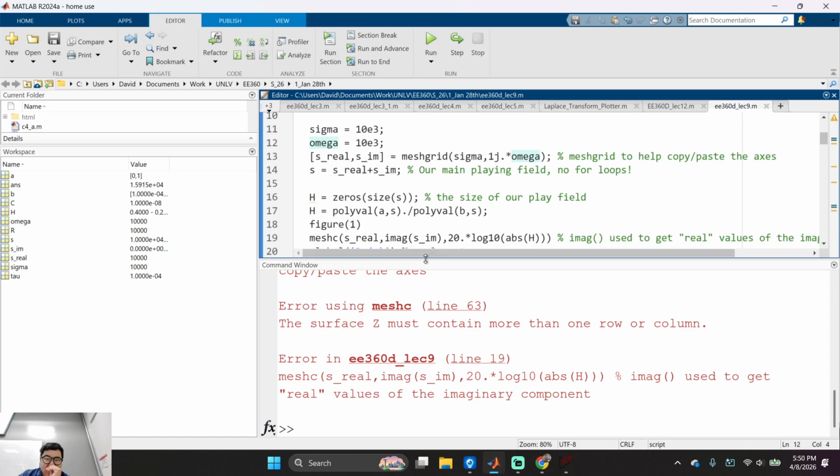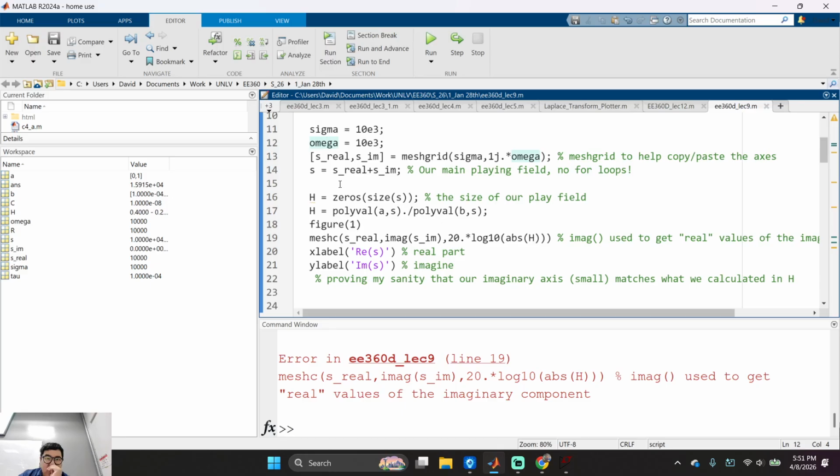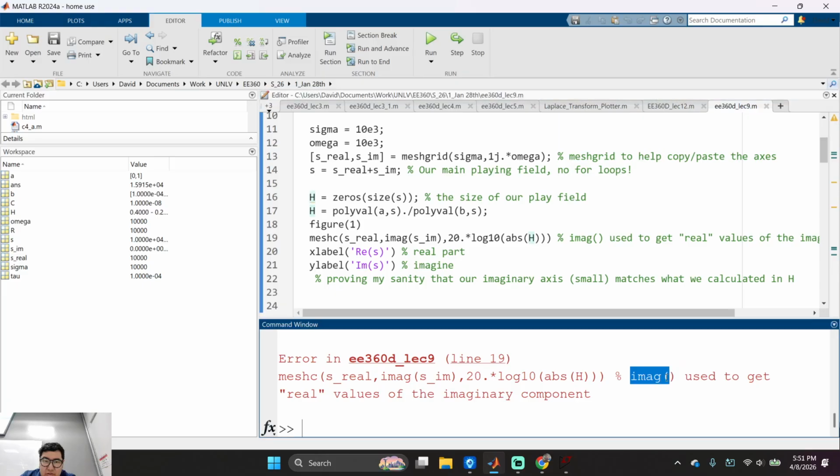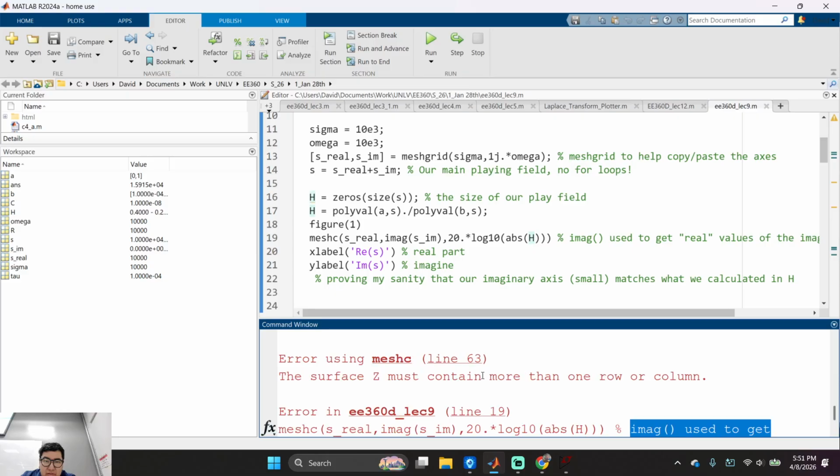Z? Am I using Z here? Polyval, A, S, S, figure, S real, H. The function used to get real values. Okay.